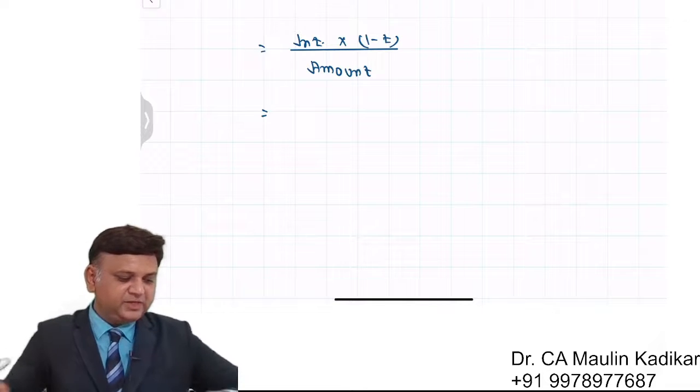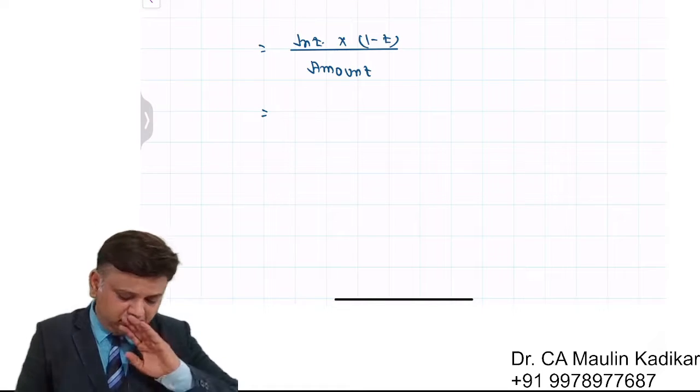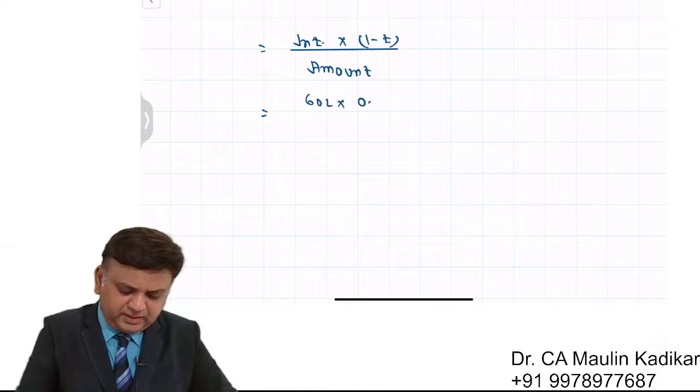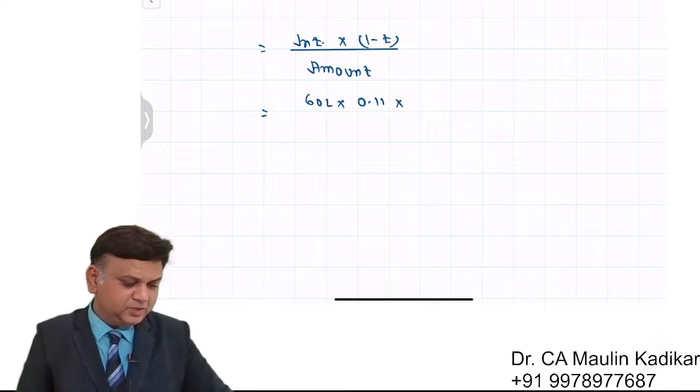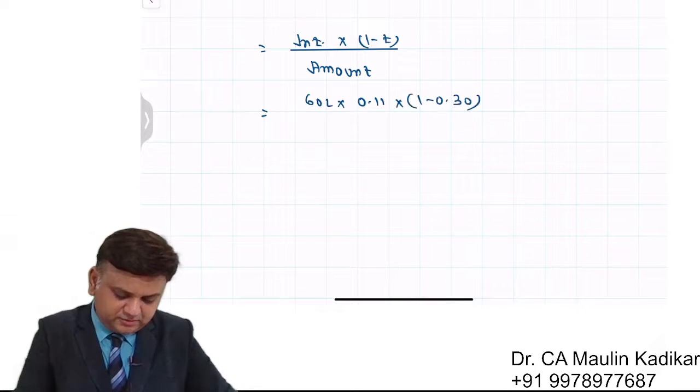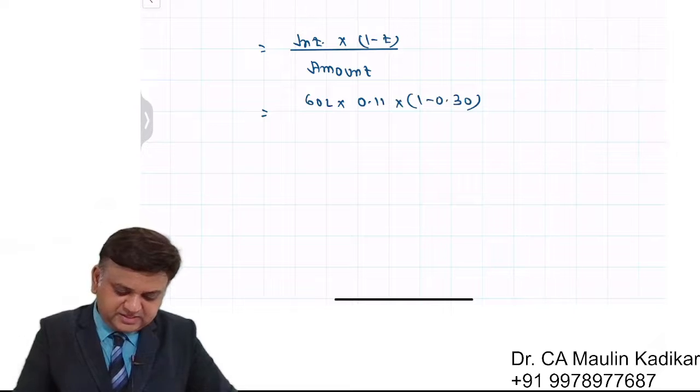See, the face value of the debenture is 60 lakhs. Rate of interest 11%. Income tax rate is 30%, divided by 66 lakhs.